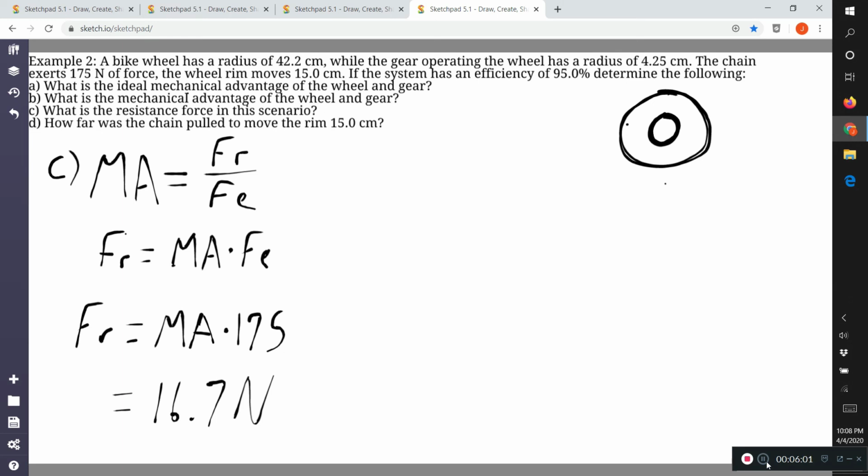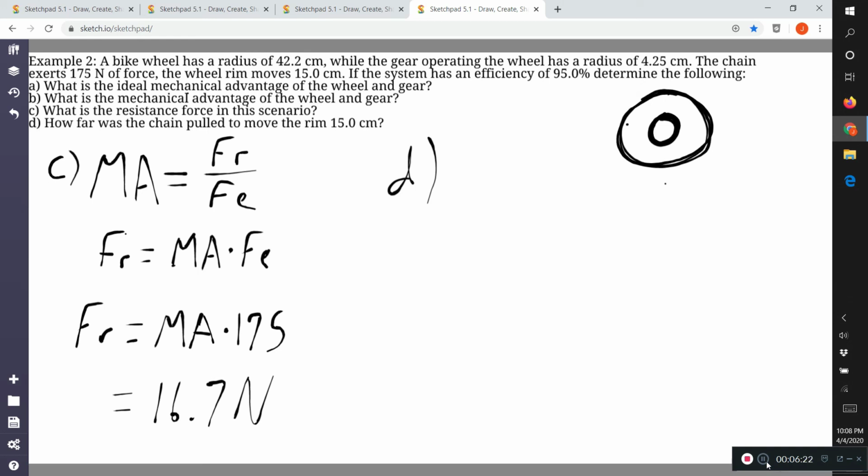All right, part D. How far was the chain pulled to move the rim 15.0 centimeters? So we talked about the ideal mechanical advantage, moving the ideal full axle rotation to the ideal full wheel rotation.